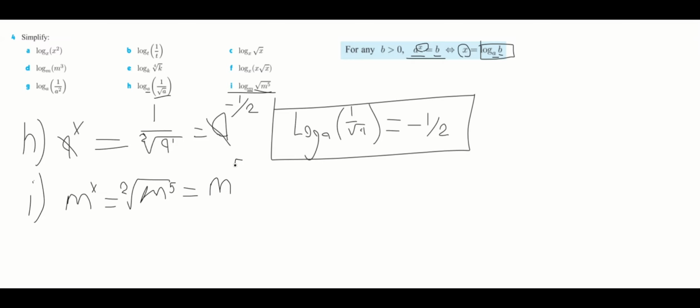So it's to the power of 5 over 2. Again, we just cancel out the bases, and x equals 5 over 2, meaning that the entire equation equals 5 over 2, because the entire equation equals x.